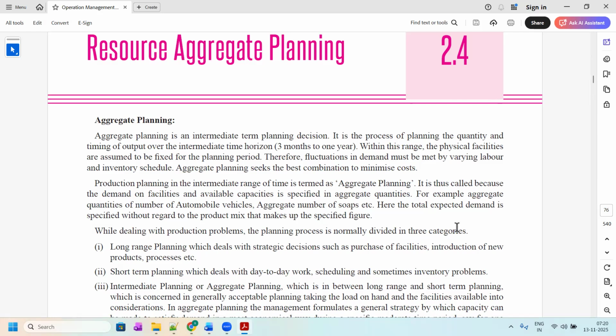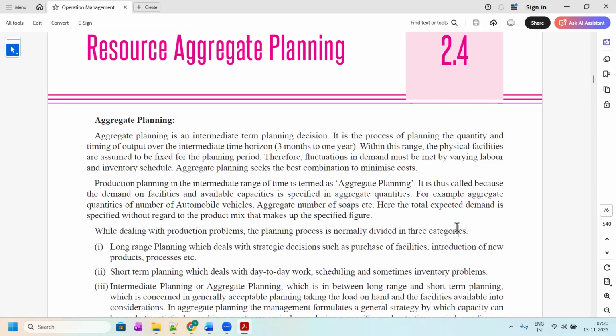Planning can be long term, which decision makers do from a long-term perspective, maybe beyond the year.